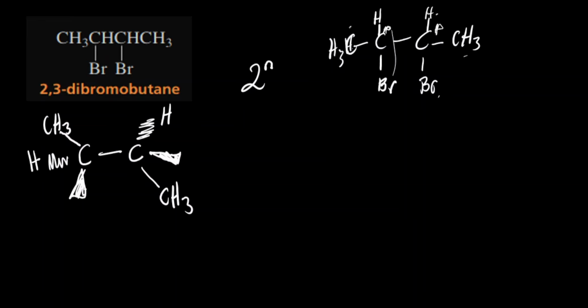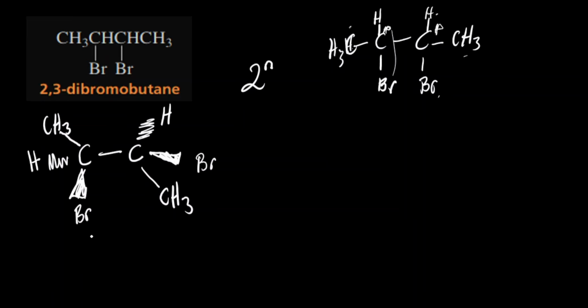Right here we would have bromine, and right here also a bromine. Now let's determine the configuration. I won't be taking a lot of time going over how the configuration is determined over again. It's quite clear. This is priority 1.